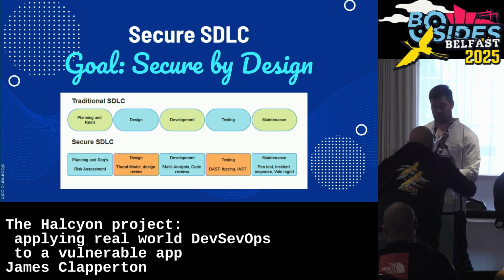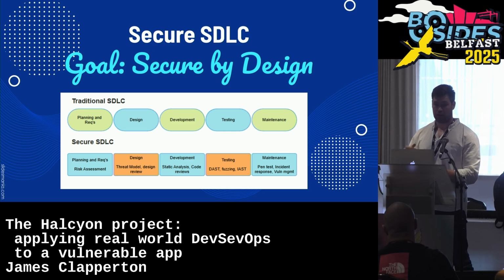In the design phase, let's conduct threat modeling and design reviews. When you get to your development stage, we want to incorporate things like static analysis of your code, so SAST scans, and secure code reviews as well, making sure we've got someone on the security team who's looking at those merges and pull requests and making sure that we're not introducing new vulnerabilities.